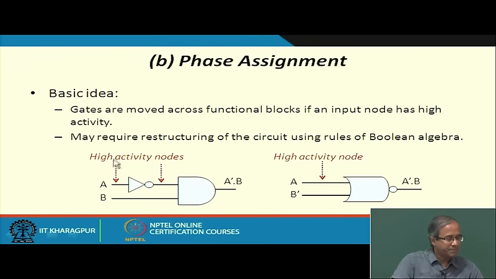Because PA is higher, the output of this inverter will also have a higher value of P, because for every transition in the input there will be a transition in the output. But suppose I make a technology mapping of this circuit like this, so that I modify this AND gate into a NOR gate and I change my input B from B to B bar, such that my output function remains the same.